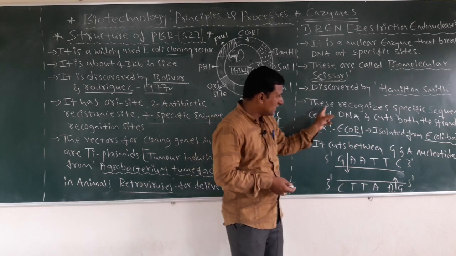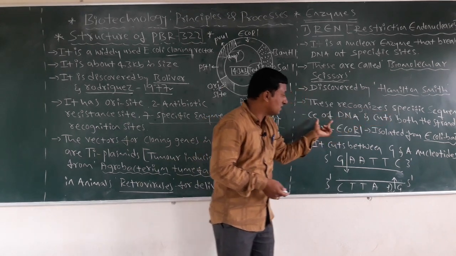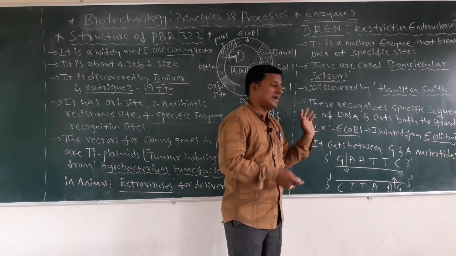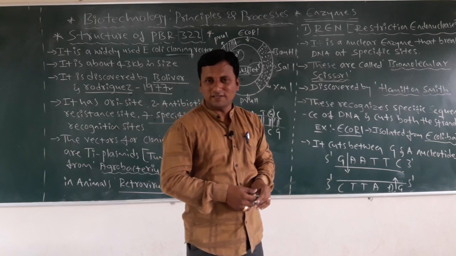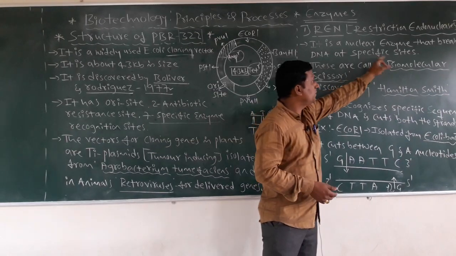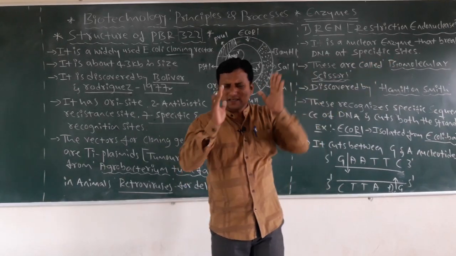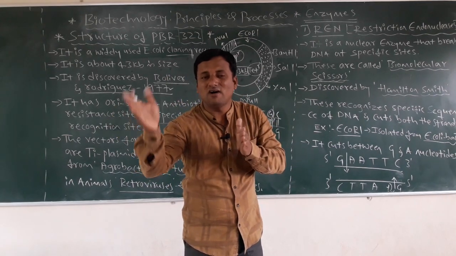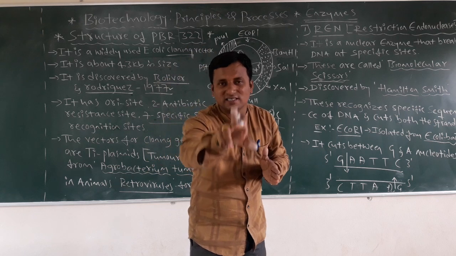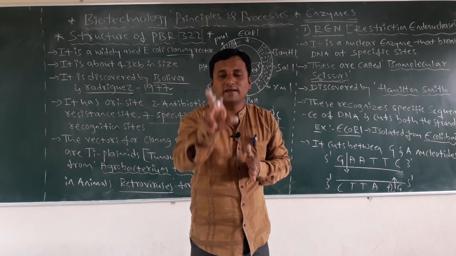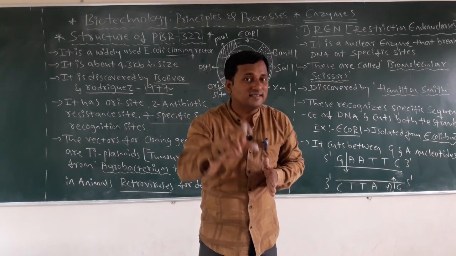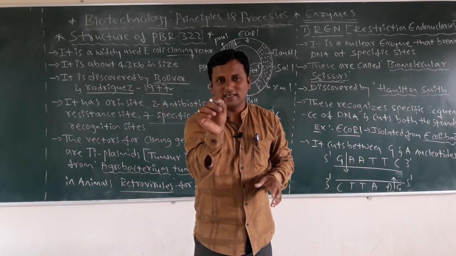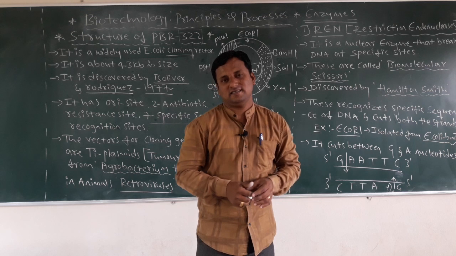Next, what do they recognize? These recognize a specific sequence of DNA and cut both the strands. That's very important. I told you, only at a specific site. Particular enzymes act at particular sites, not all enzymes at one site. That's why enzymes have a specificity nature.